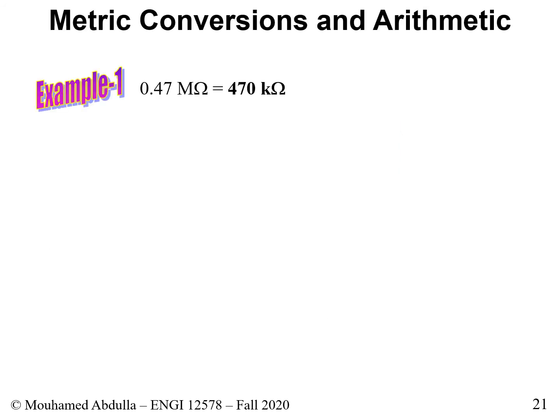So let's see different examples where we want to have a value in engineering notation. Let's say we give you this example, 0.47 M for mega ohm. This is quite a big resistor. But if we ask you, is this value in engineering notation?